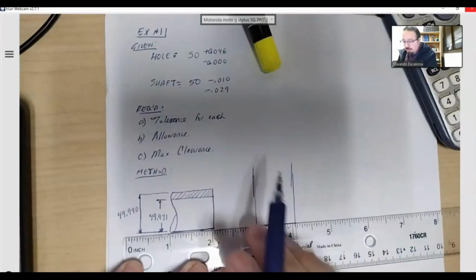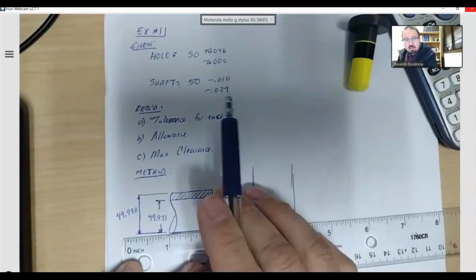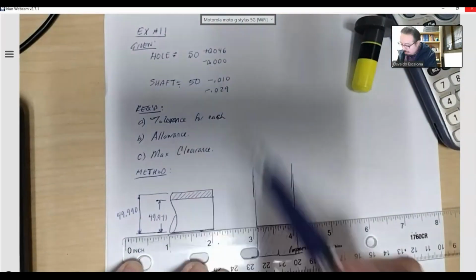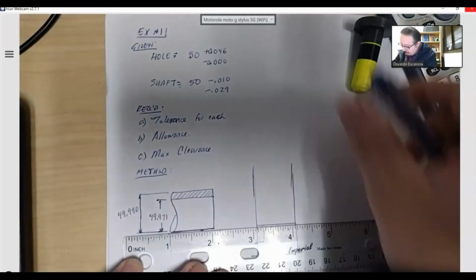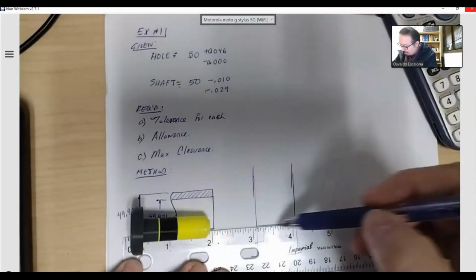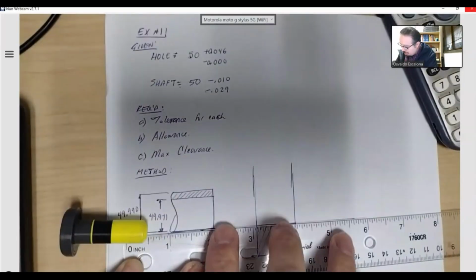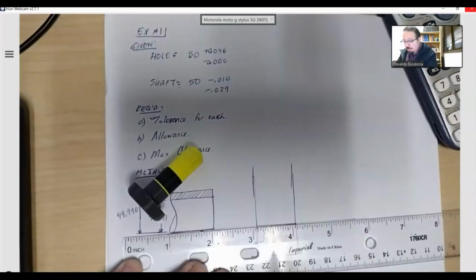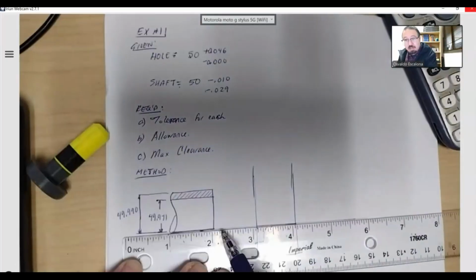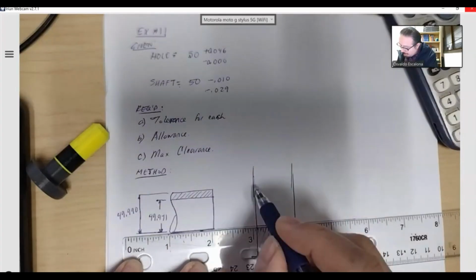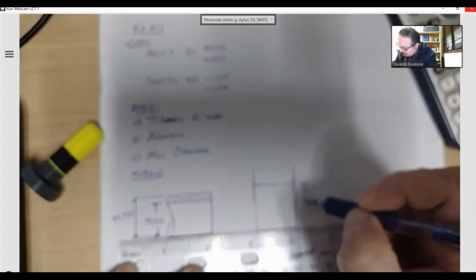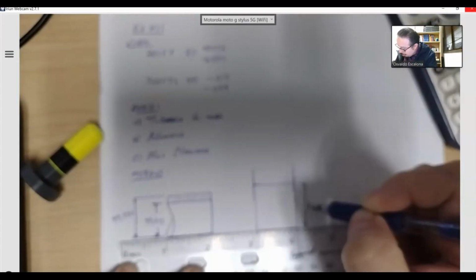Based on the dimensions that I have over here, my hole, the smallest it can be is 50 millimeters. So if I were to say that this is my reference line, and I draw in this direction, the same way that you do your front view and you measure from your datum, I'm just measuring from the edge of the circle, the edge of my external feature. The minimum it could be, based on what I told you here, is 50 millimeters, 50.000.